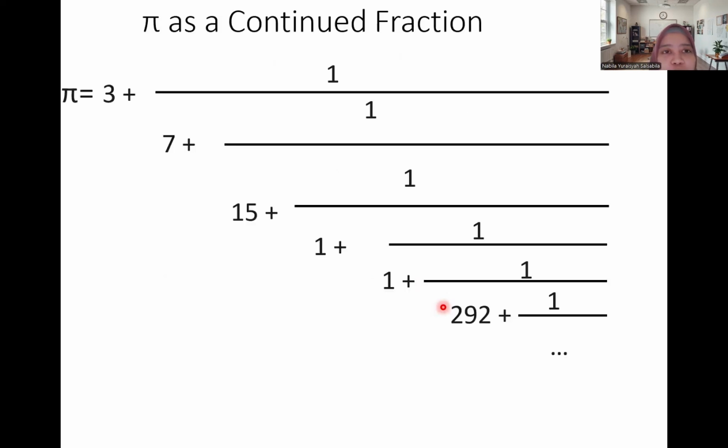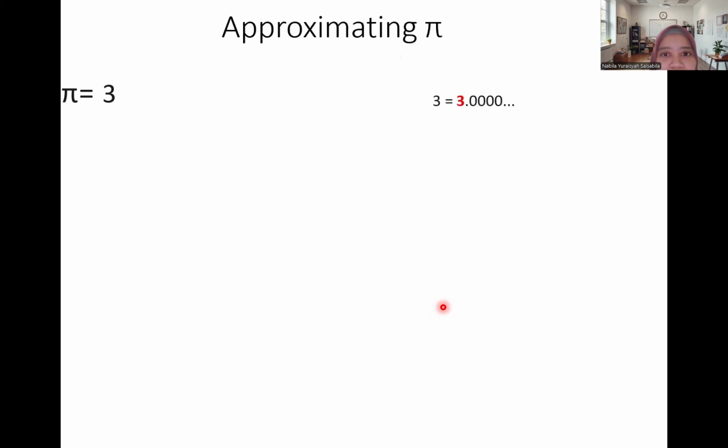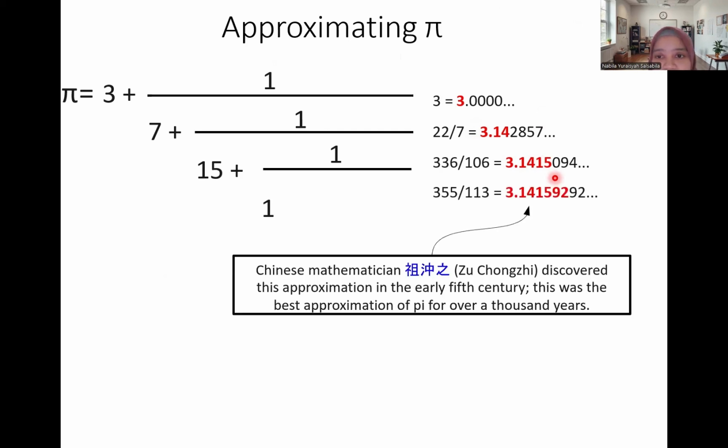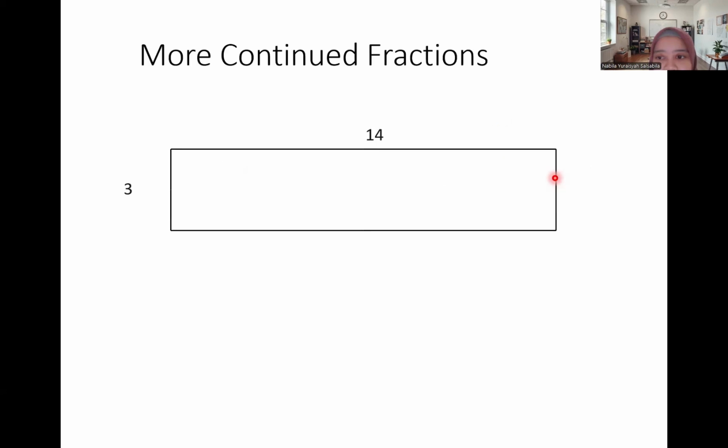So let's try to implement this on pi. Pi, kalau dibulatkan jadi 3. So we have 22 per 7, we got 3.14. Okay, we have another, we continue the fraction. We continue the fraction again.